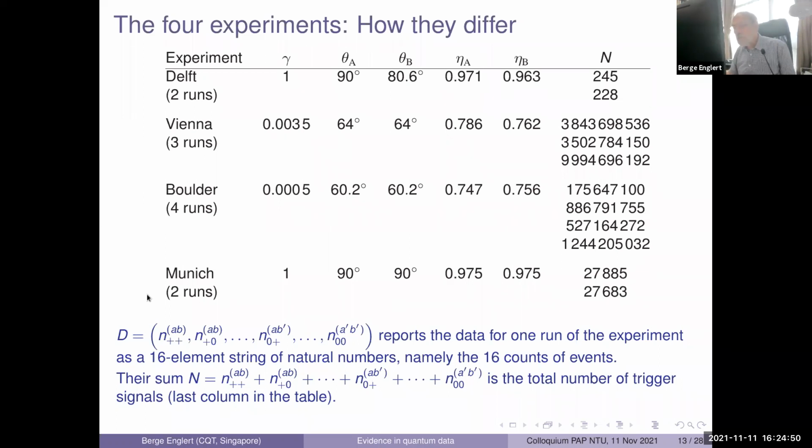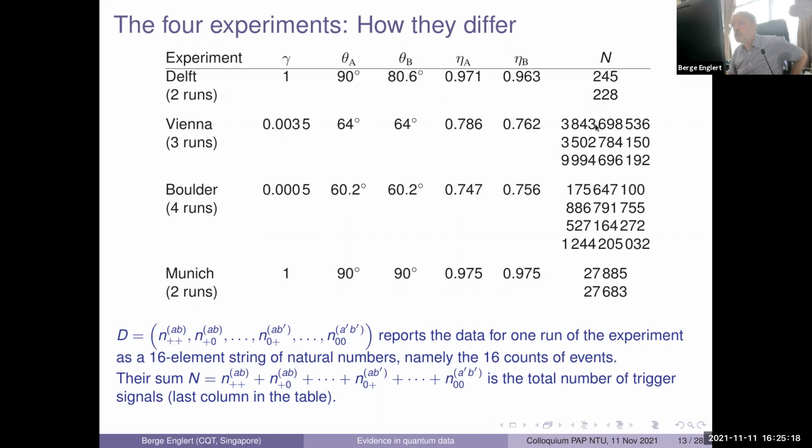And so then for each of these experiments, you have the 4 settings, and for each setting you have 4 event counts. So altogether you have 16 counts of events, and that string of 16 numbers are the data. And then the sum is the total number of trigger signals, and that number is listed in this last column. So you see an enormous difference here.